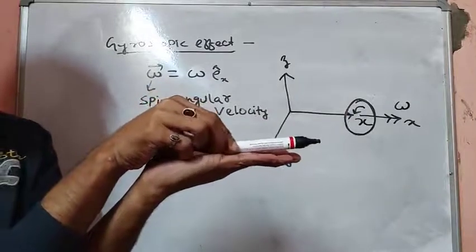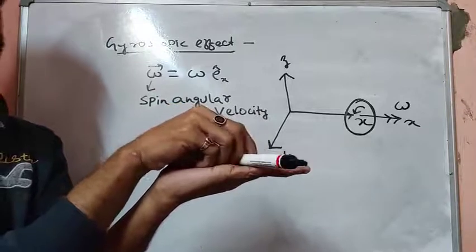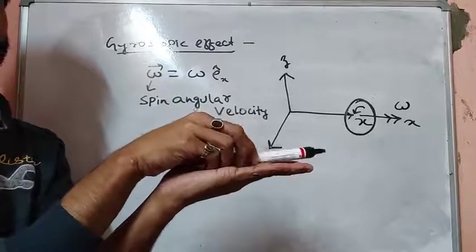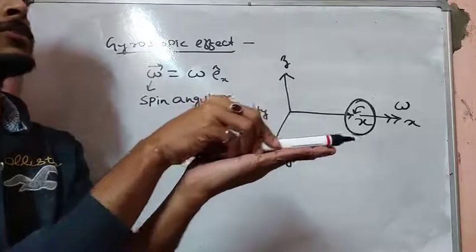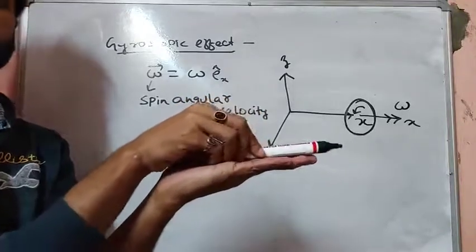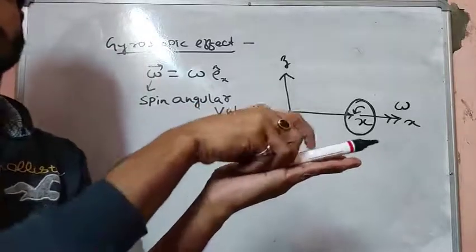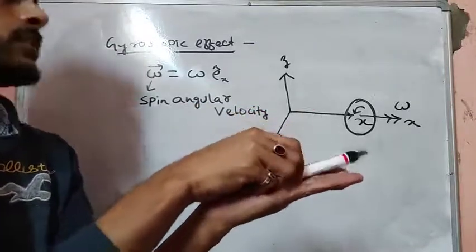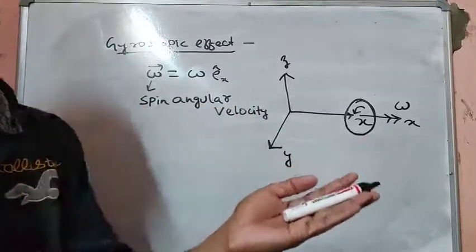If this angular velocity vector, the axis of spin, is given a turn in this plane, in this direction or in any other direction, then there will be a resisting effect. This resisting effect is what we call the gyroscopic effect.